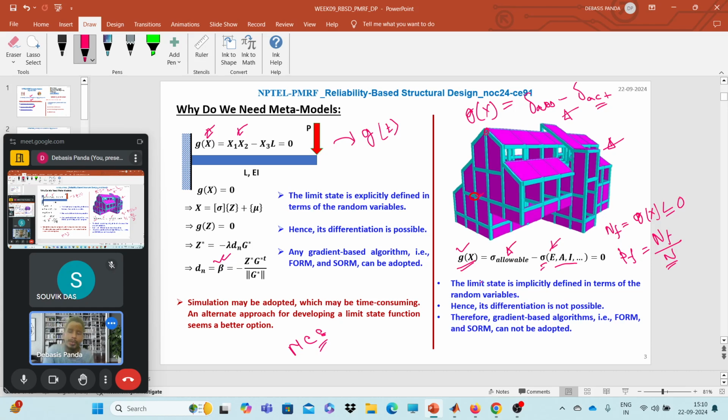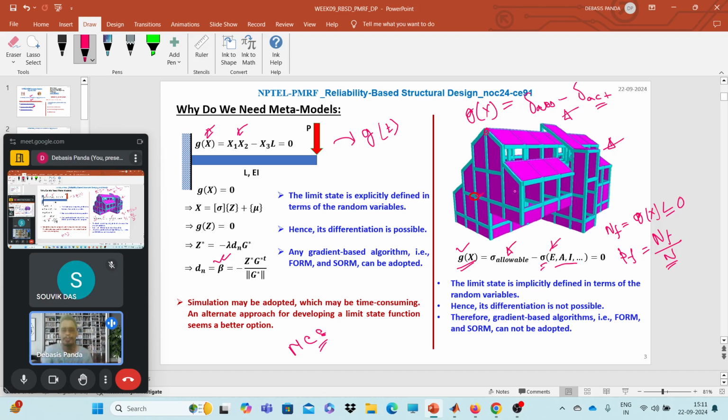For this purpose, we can use a meta model or a response surface to replace the actual limit state. In meta model based reliability analysis, if we don't have the limit state in explicit form, the implicit limit state is replaced by a meta model, and then we perform some steps, which we will see, to fit that meta model to g(x) and perform the rest of the reliability analysis.